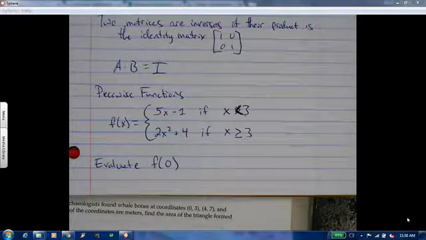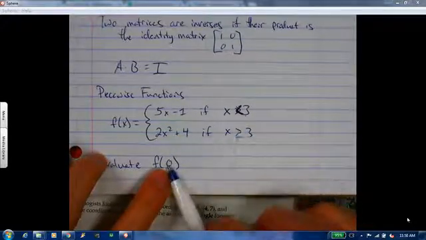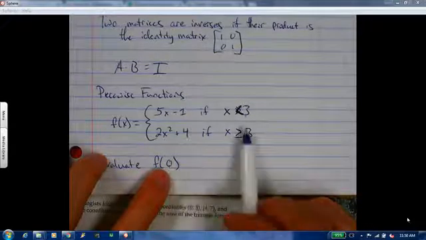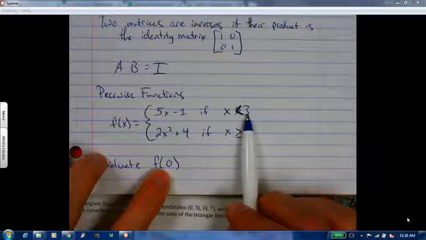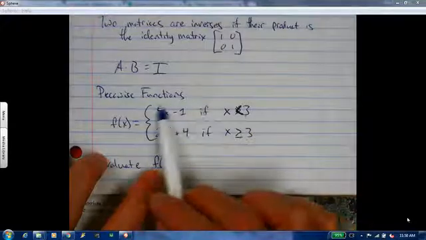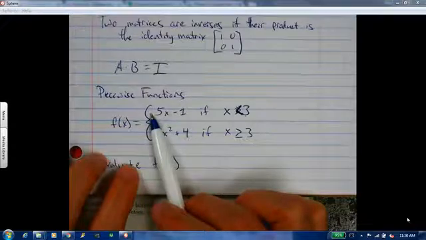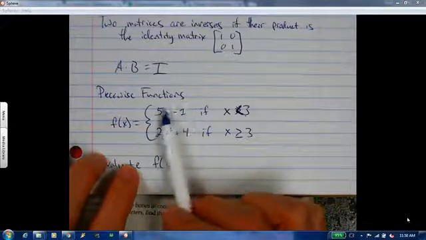So you evaluate f of 0. Now this 0, where you look first is over here. Where does 0 fit in? Because this is where the x usually is. Is 0 less than 3 or 0 greater than or equal to 3? Less than. So then that makes this the rule that you're using. That makes 5x minus 1 the rule.